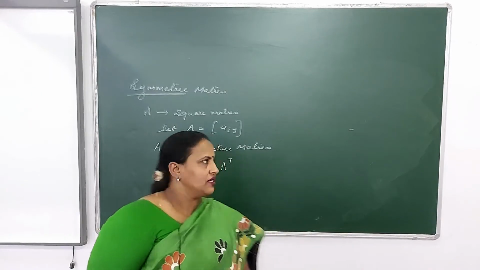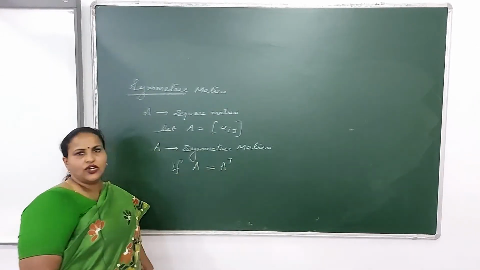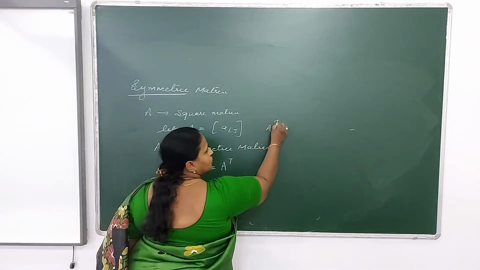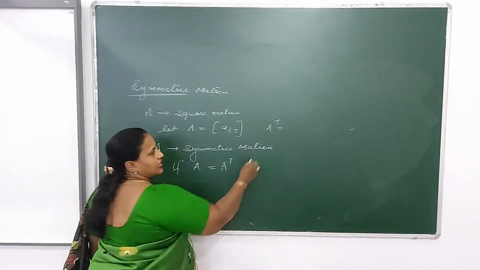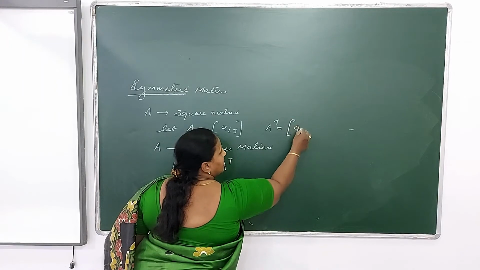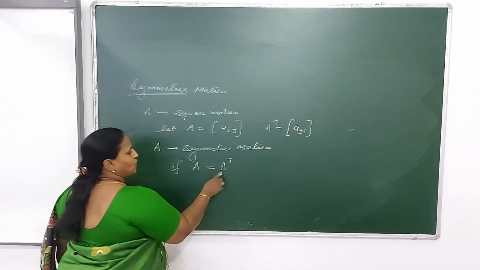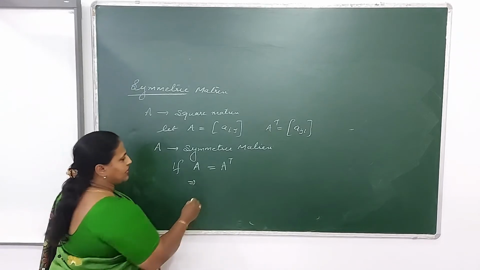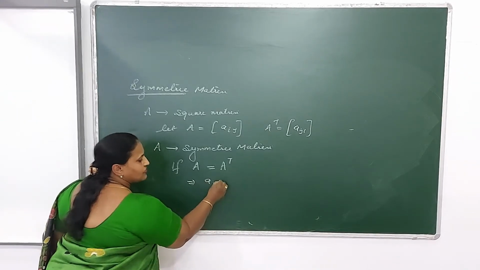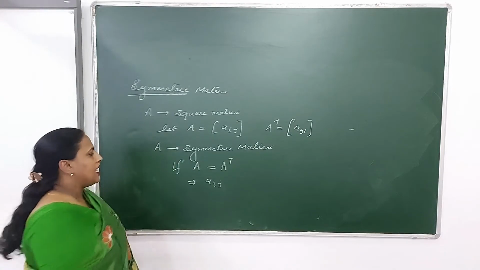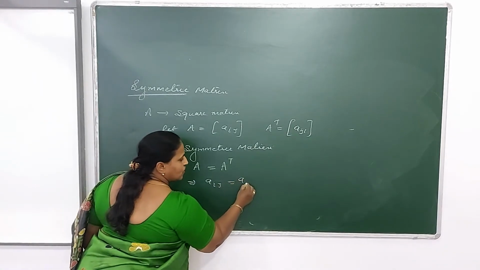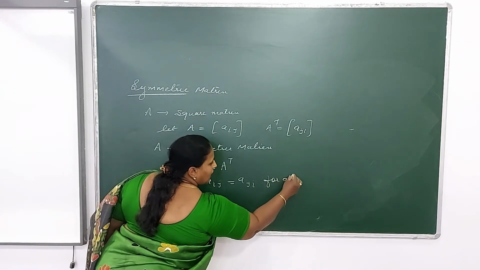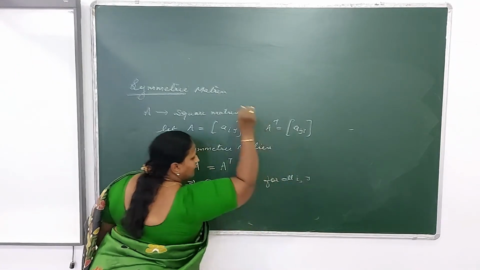Is that fine? So let A is equal to Aij. Then what will be the transpose of this? The transpose of this will be Aji. The two are equal means we will reach the conclusion here, in case of a symmetric matrix Aij is equal to Aji for all i, j.